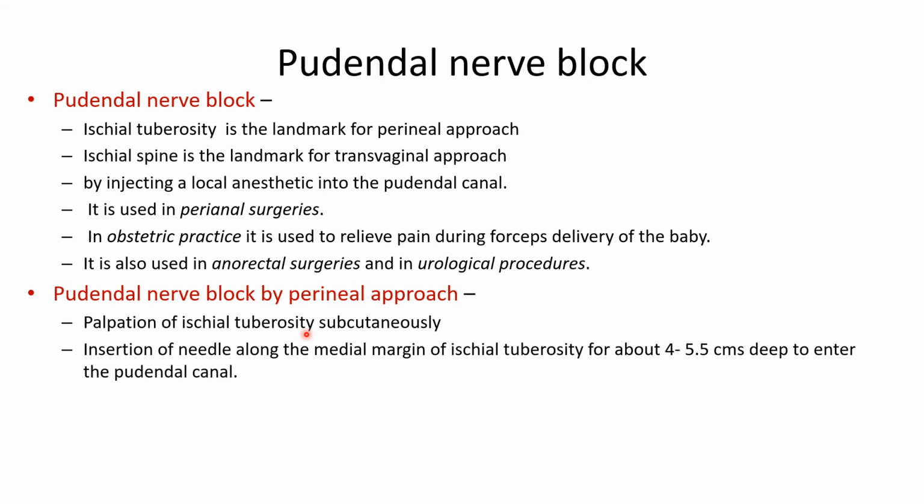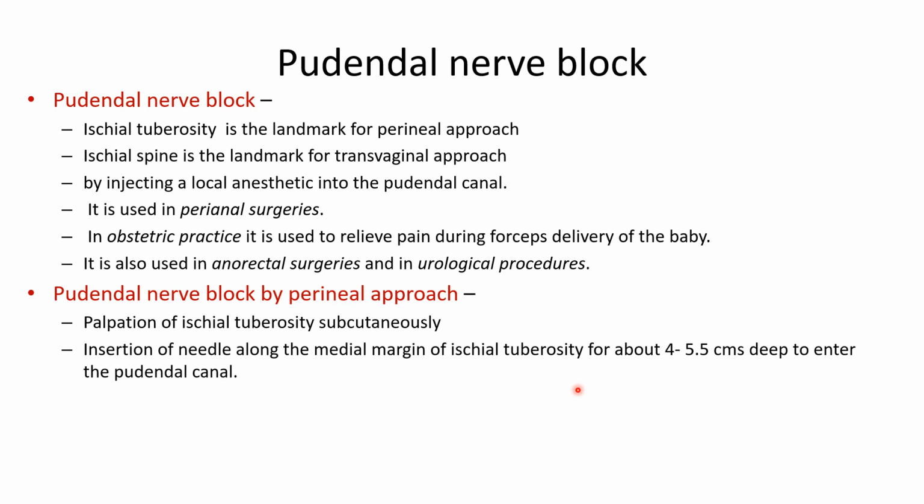That's what you have learned. Then the needle is passed along the medial margin of the ischial tuberosity for about 4 to 5.5 centimeters deep to enter the pudendal canal.